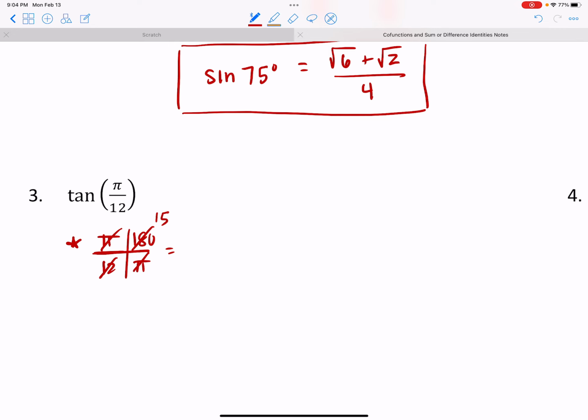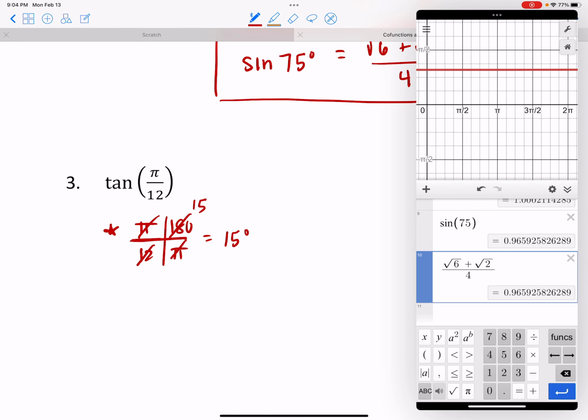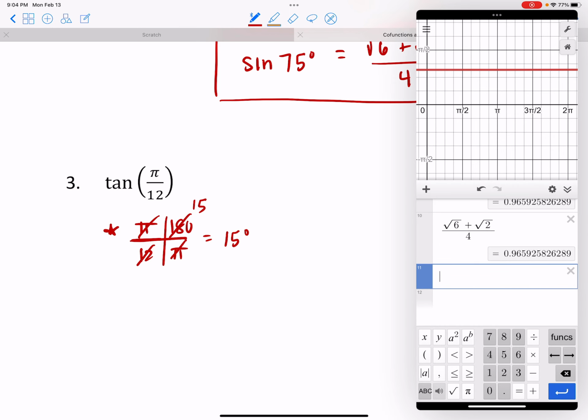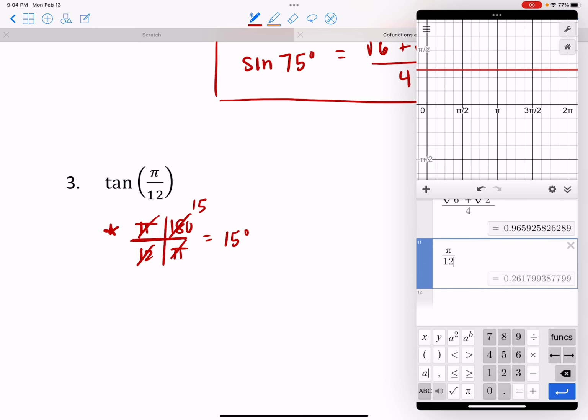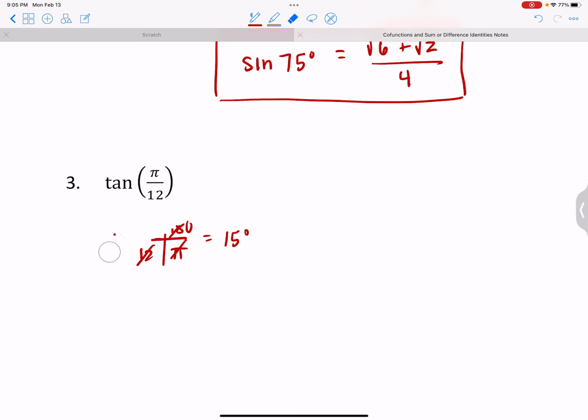So this is going to be 15 degrees. You can do that with your calculator too if you haven't messed with that yet. If you took pi over 12 and multiplied by 180 over pi, then you can get that 15 degrees as well. If I convert this, it makes it a little bit easier for me to work with. So this is the same as the tangent of 15 degrees.